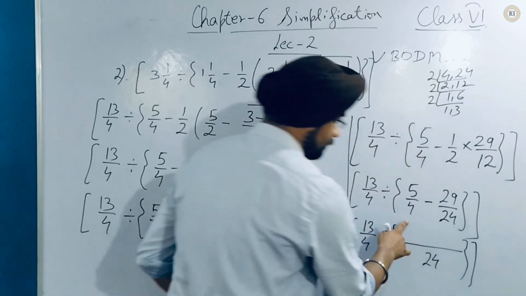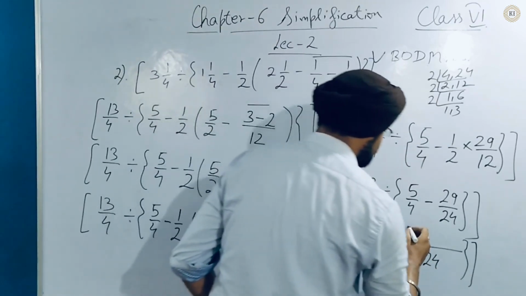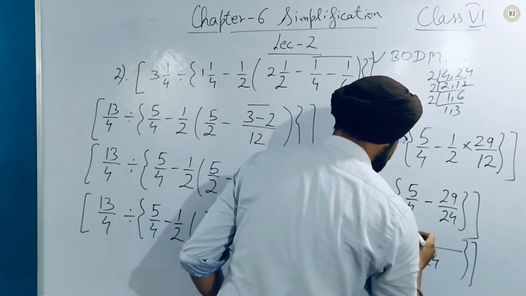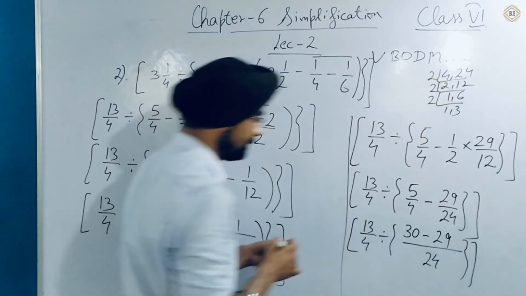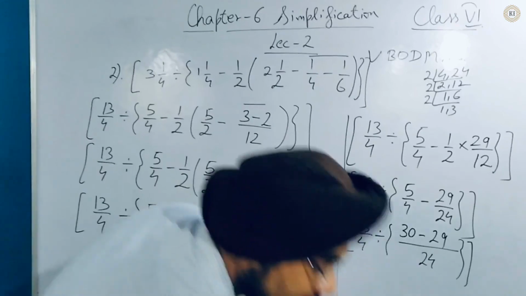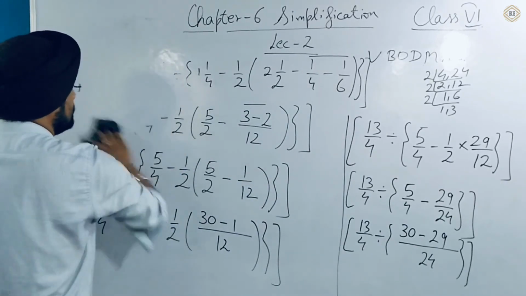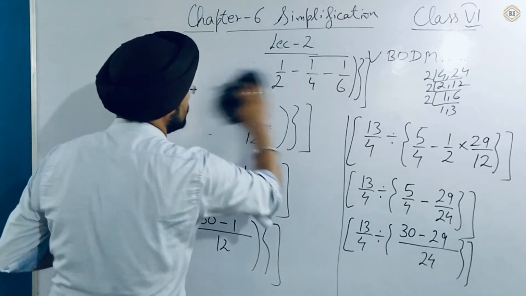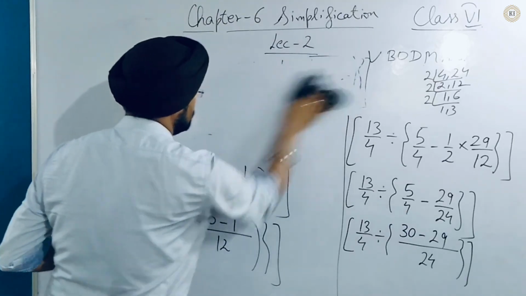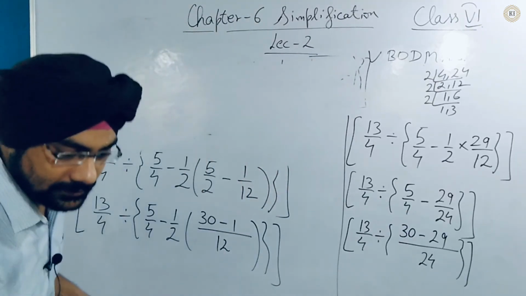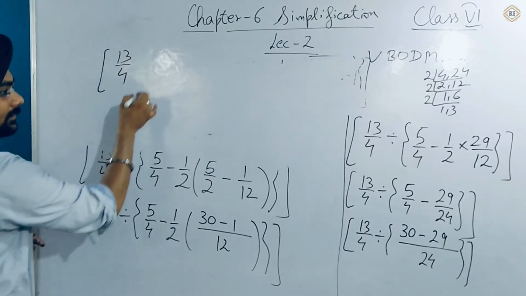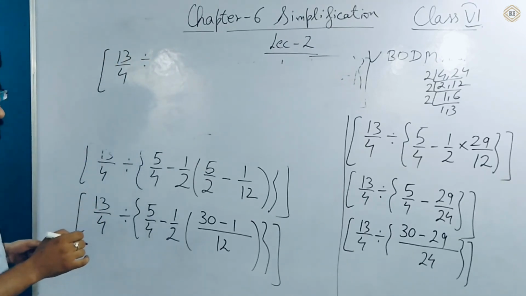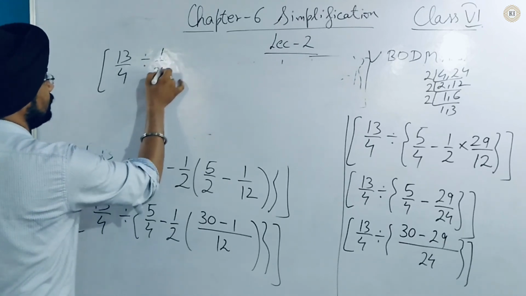So here it will come 4 6s are 24, 6 5s are 30 minus 29. Now 13 by 4 divide 30 minus 29, that is 1 by 24.